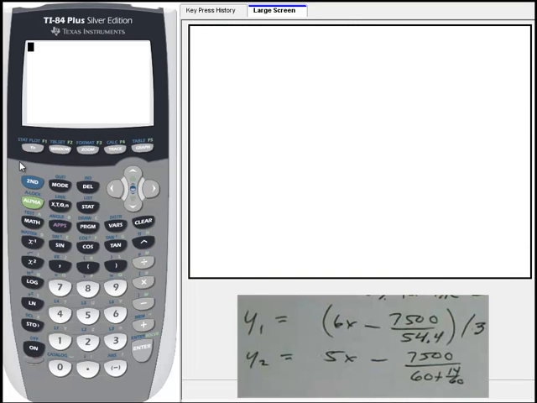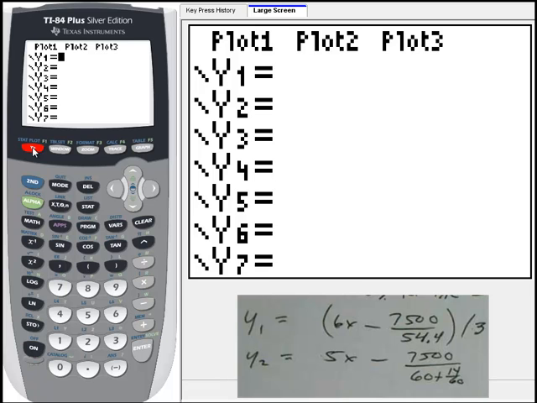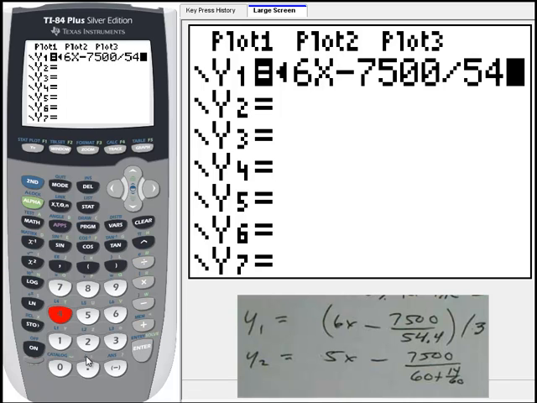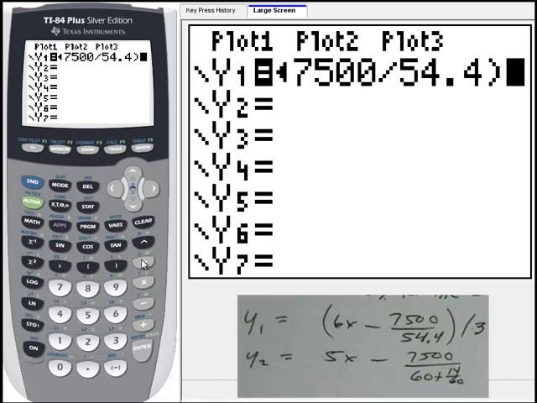Okay, here at the calculator, we could go to the y equals menu, and for our y1, we've got parenthesis 6x minus 7500 divided by 54.4, parenthesis, divided by 3.